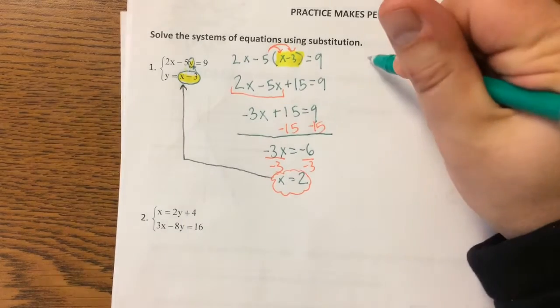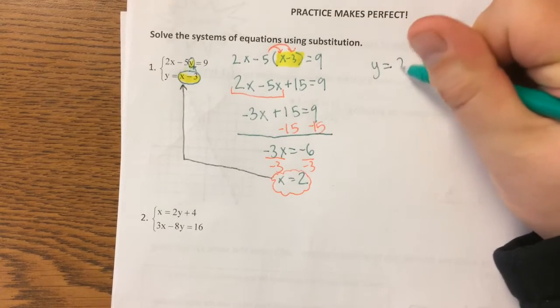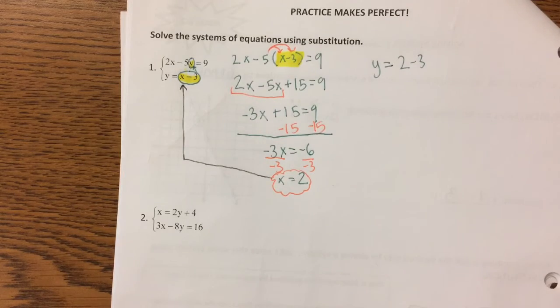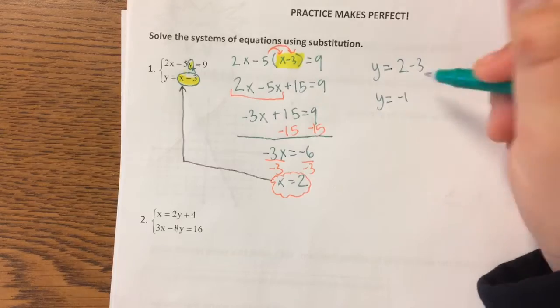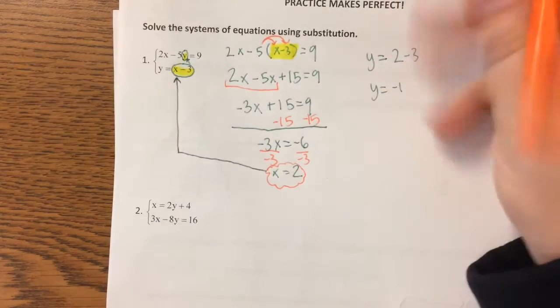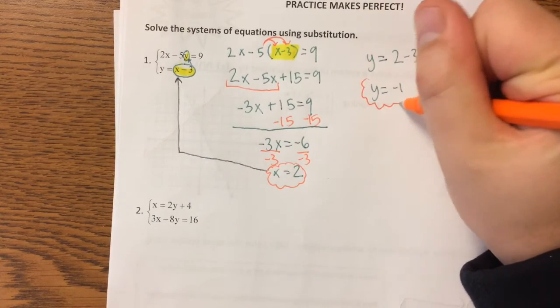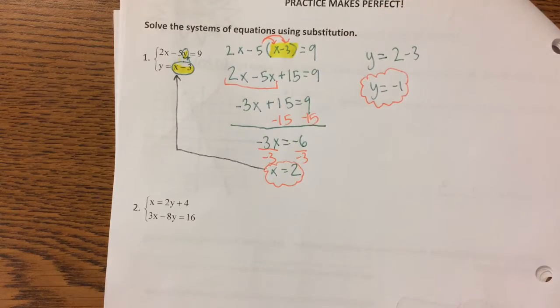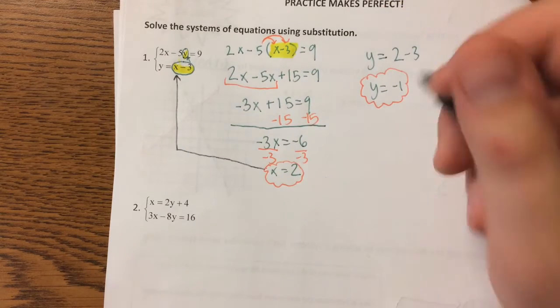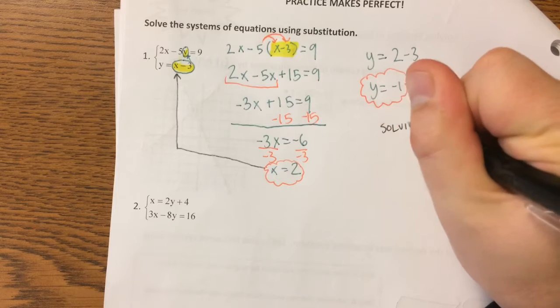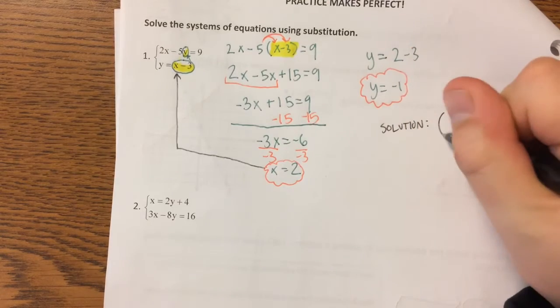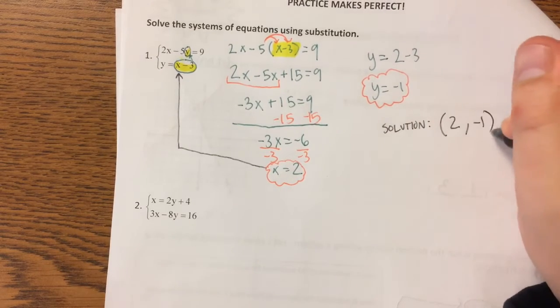So I've got y equals 2 minus 3, and that's really all you need to do. 2 minus 3 is negative 1. So now I've got my y, and I can write my solution: 2 comma negative 1.